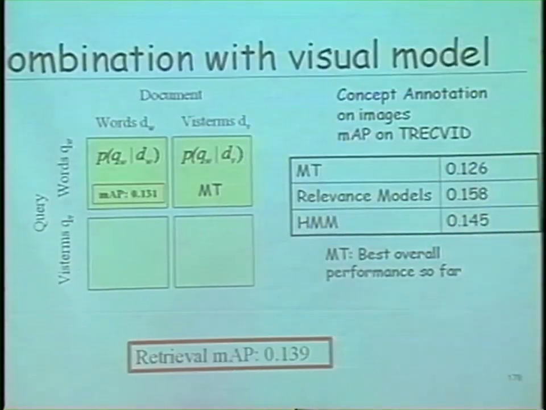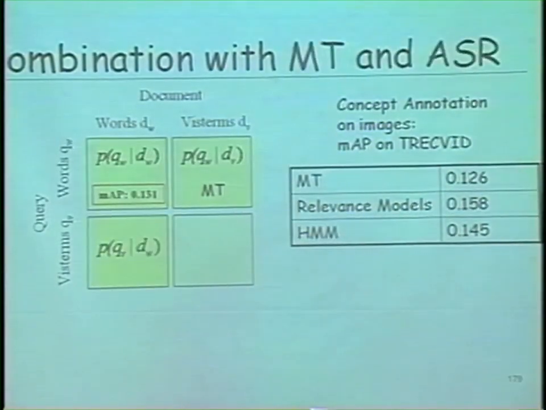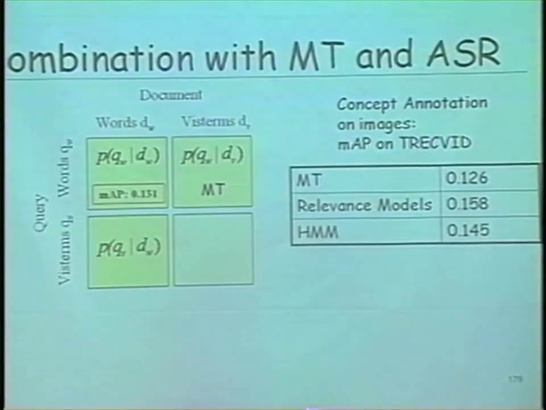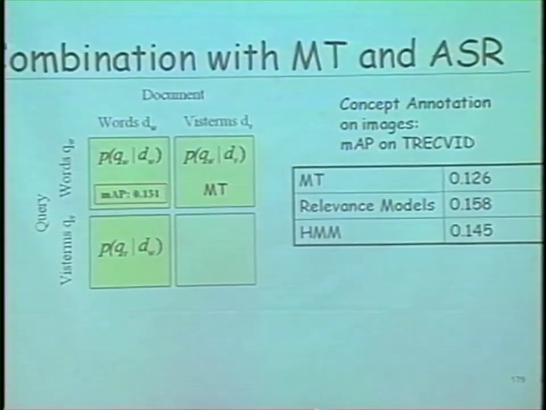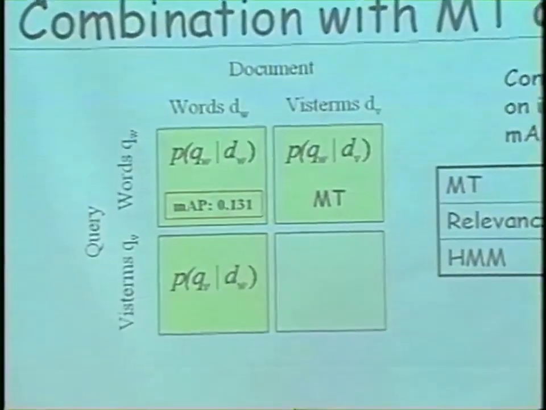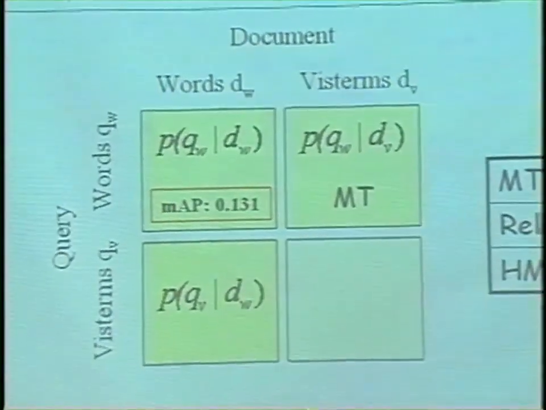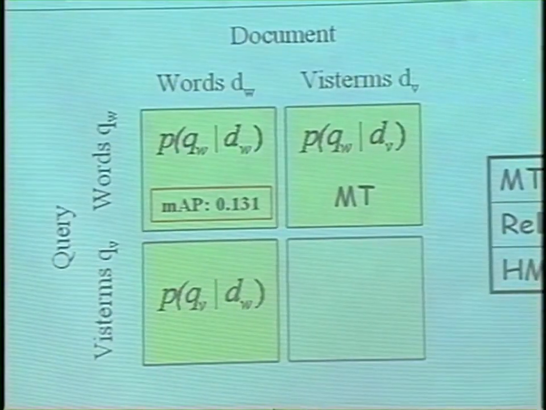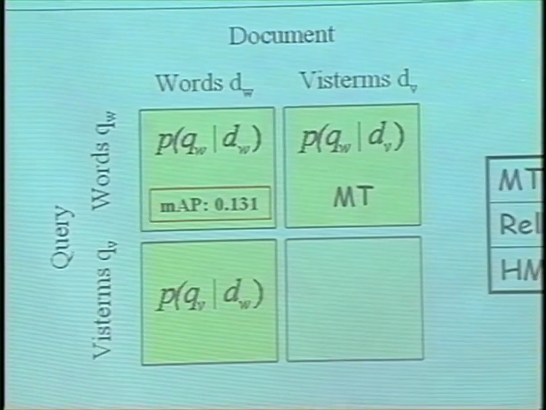We can of course do all combinations of two blocks, and we are behind schedule anyway. So we'll just throw in the third component. That is the model that extracts the concepts out of the ASR, the same 75 concepts.